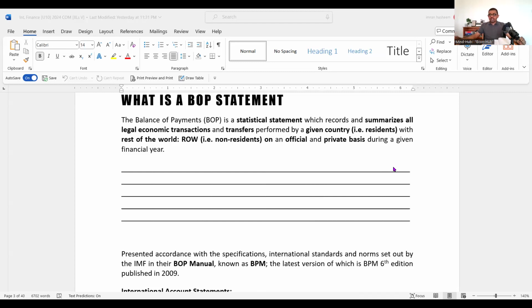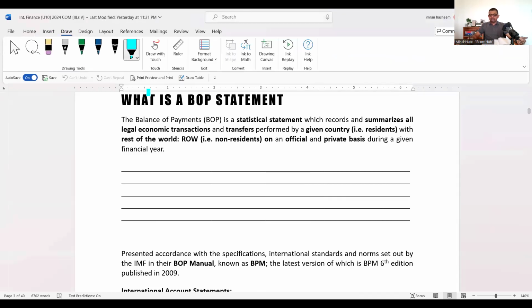It says a balance of payment statement is first and foremost a statistical statement, so it has a bunch of numbers in it, that gives us an idea about a record of our international economic transactions, or our economic transactions with the rest of the world.